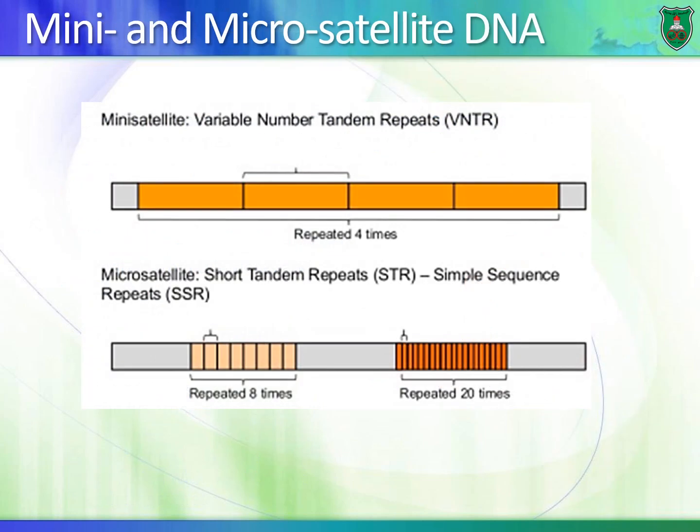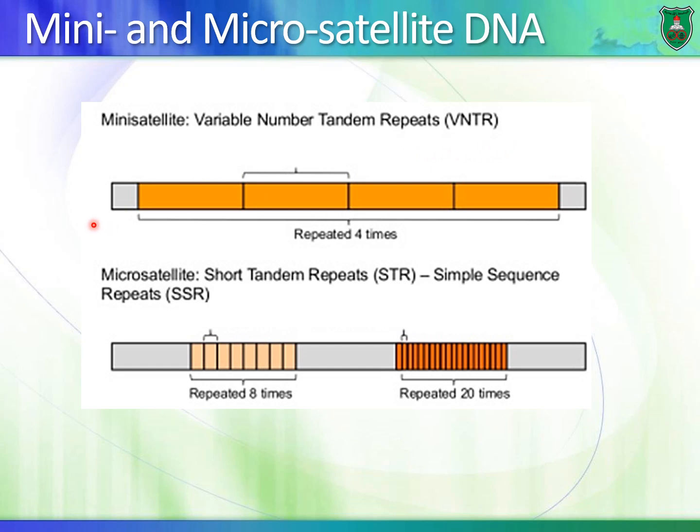Now, mini and microsatellite DNA sequences are highly repeated, but they differ in size. For example, minisatellites are also known as variable number tandem repeats, VNTRs.